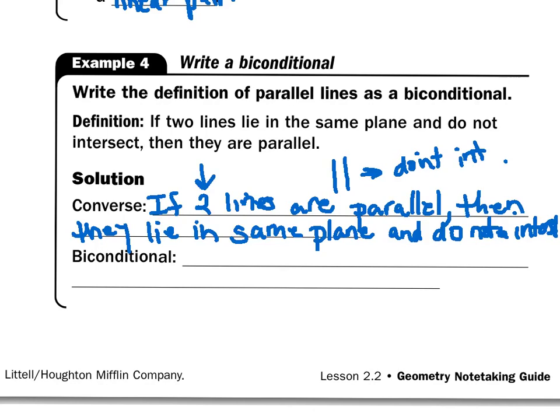So biconditional. So notice that we had to go from a converse first, and then to the biconditional.